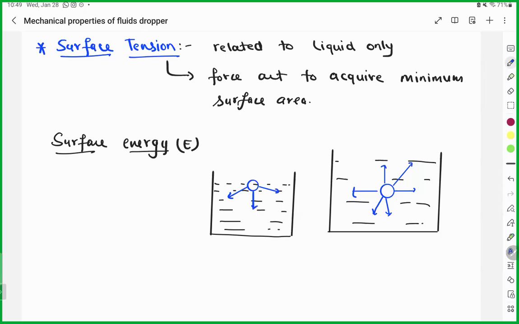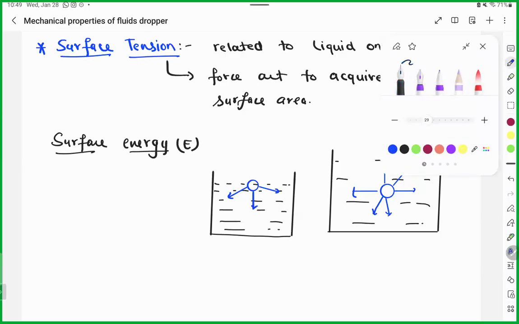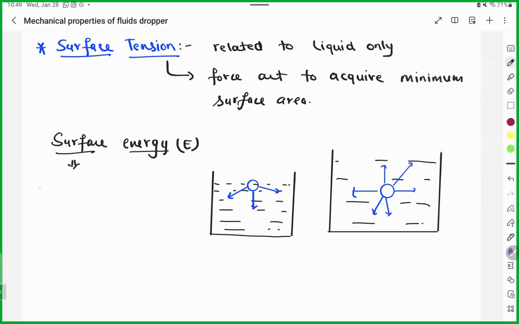And when you attract more, in this case, it will result in negative potential energy, meaning minimum energy, because anything that is stable has less energy. Here you can see only the lower half is surrounded by liquid molecules, only those will try to attract this.